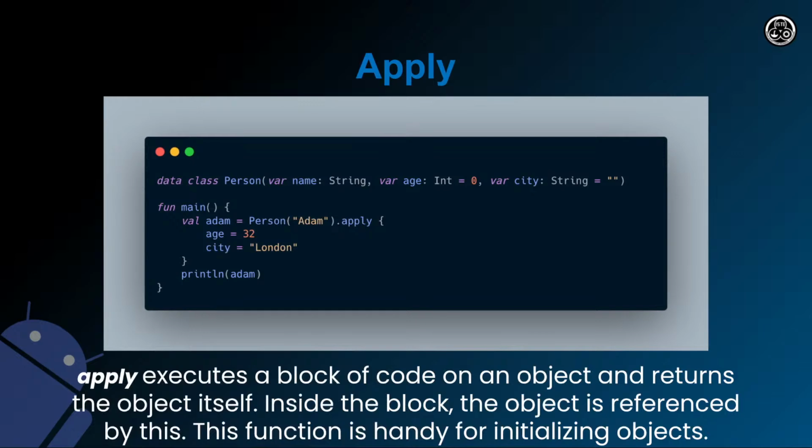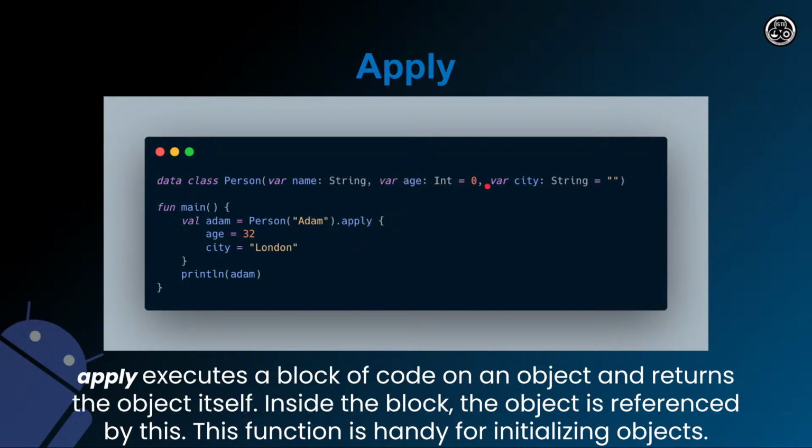Moving forward, apply, right? So apply is used for the code blocks that don't return a value and mainly operate on the members of the receiver object. The common case for the apply is object configuration. Such calls can be read as apply the following statements to the object, right?